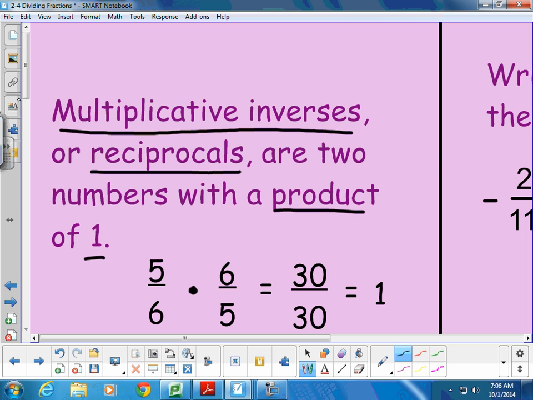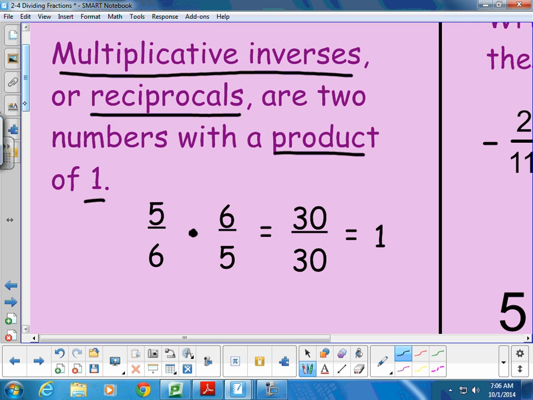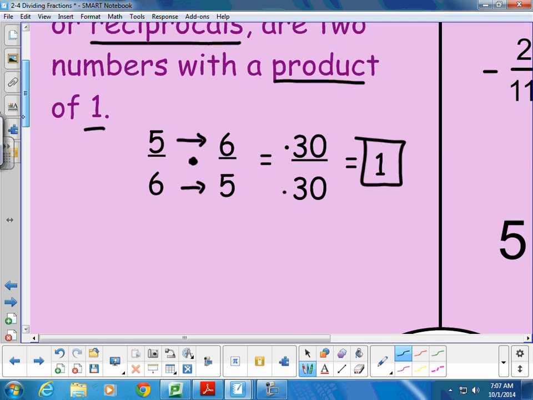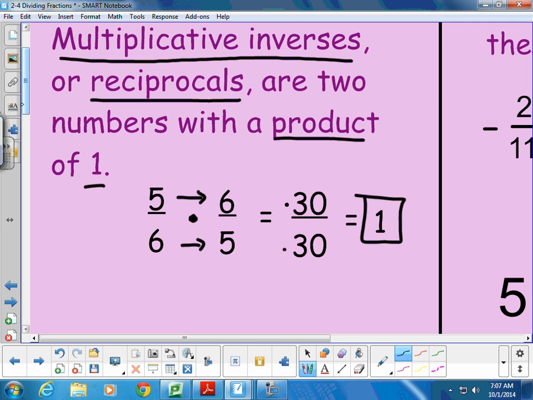So, for example, 5/6's multiplicative inverse or reciprocal is 6/5. Because if I were to multiply across, I would end up with 30 over 30, which would be simplified to 1. Think about what happened to 5/6. All it really did was flip around. So what I like to think of is reciprocal as refliprical.